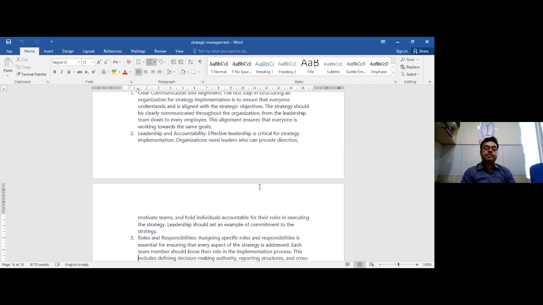So leadership should set an example of commitment. So commitment to the strategy, so leadership ultimately should set an example of commitment.